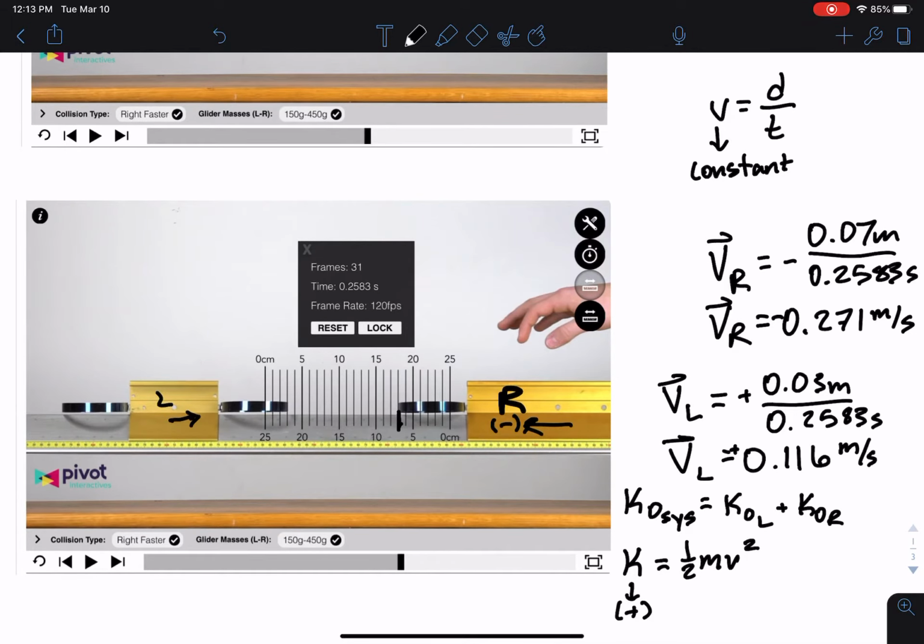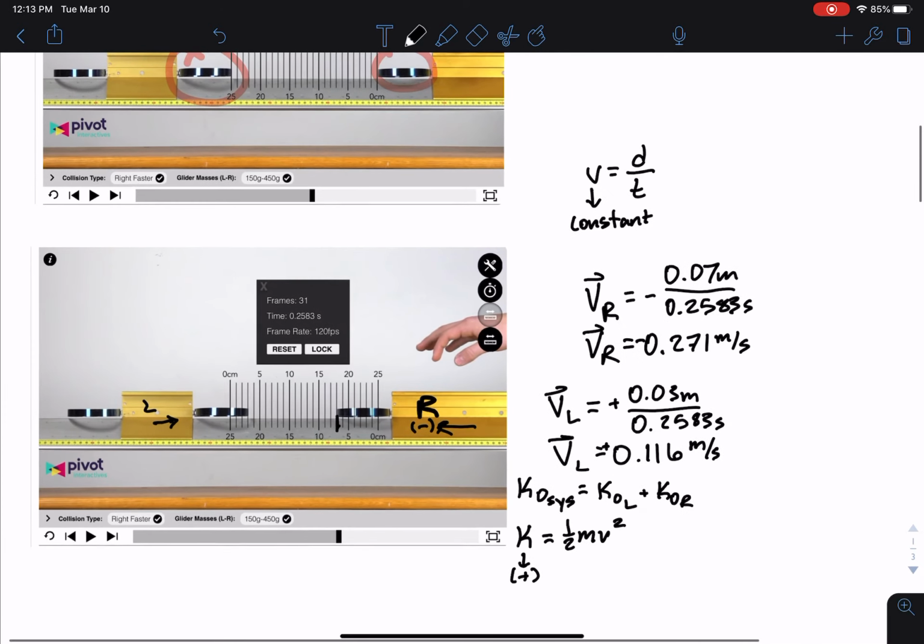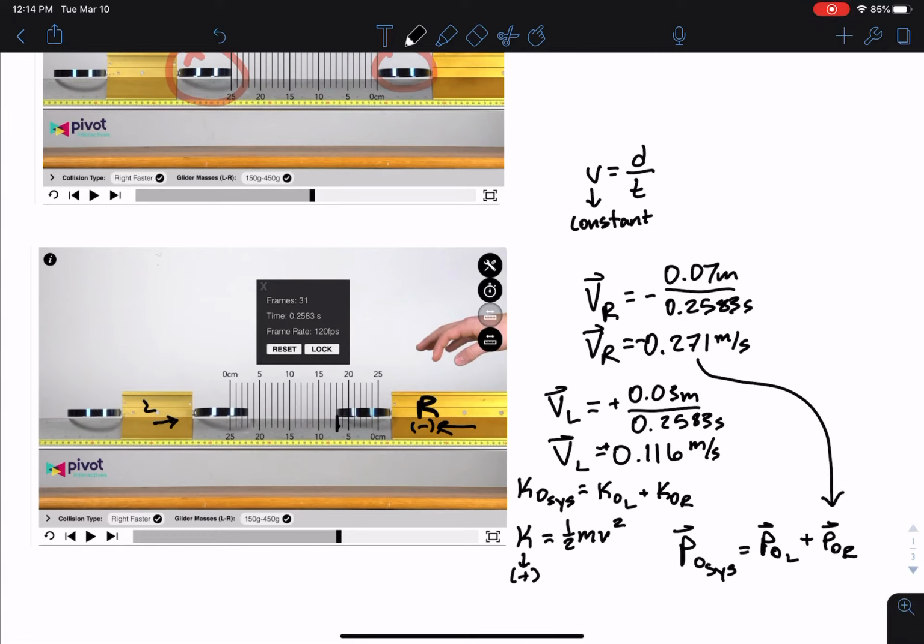To figure out our momentum, however, the momentum of our system is the initial momentum of our left cart plus the initial momentum of our right cart. But the momentum of our right cart is a negative value because it's a negative velocity.